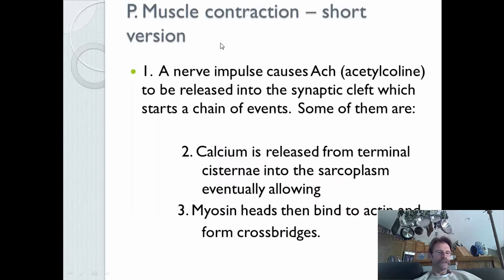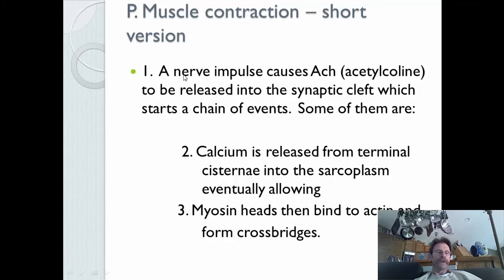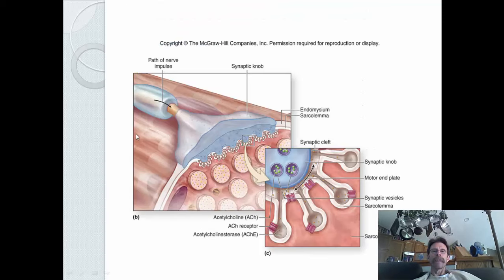So how does a muscle contraction happen? Well, that motor nerve sends an impulse and it causes ACH, acetylcholine, to be released into the synaptic cleft. So you can see that close up here.